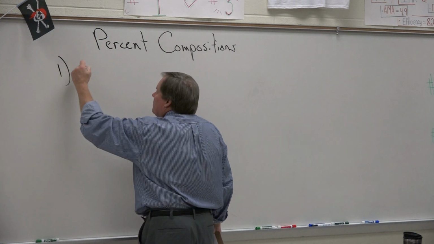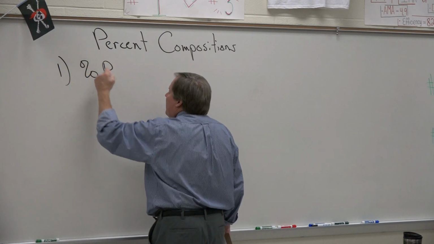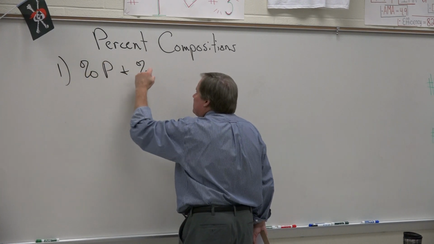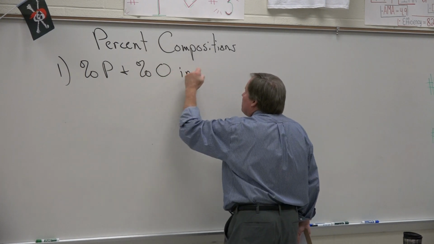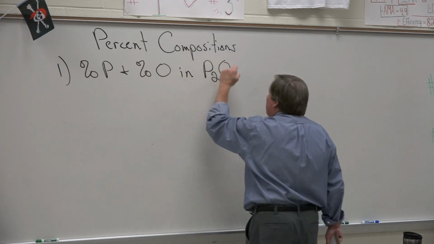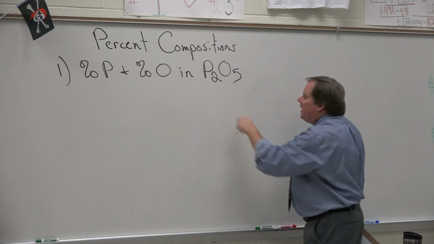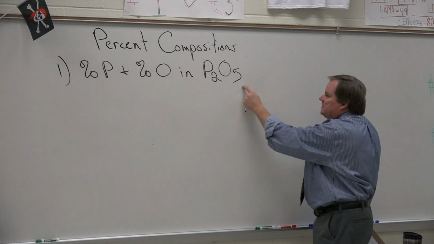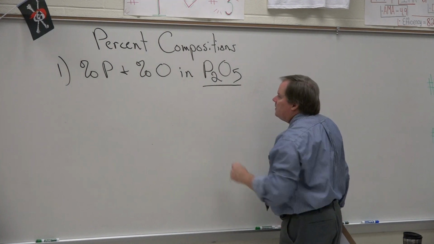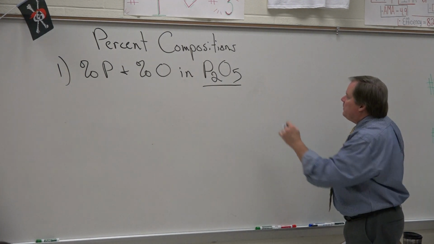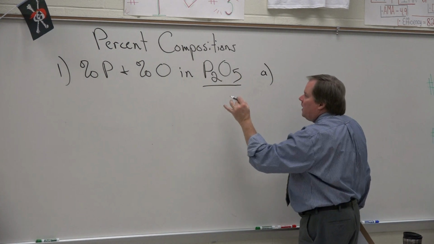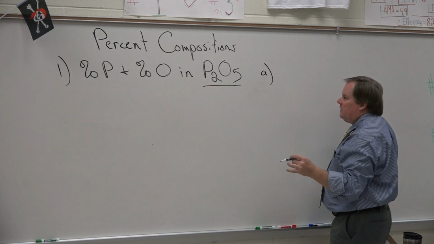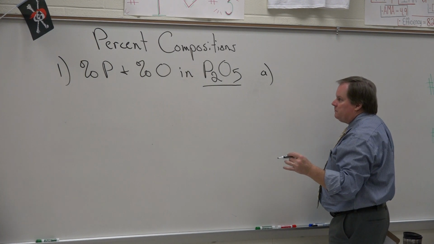All right, so first question, percent phosphorus and percent oxygen in P2O5. Diphosphorus pentoxide is that particular compound. So step number one, we have to figure out what 1 mole of phosphorus pentoxide weighs.